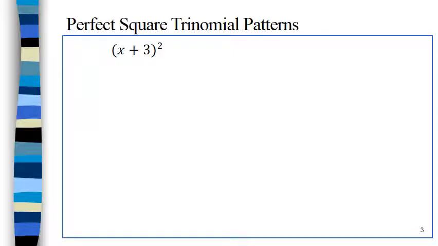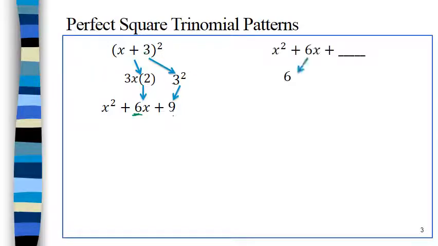Because all perfect square trinomial patterns come from this process. I can take this and go backwards because 6 divided by 2 is 3, and figure out this middle term, or the last term, 3 squared, is 9.